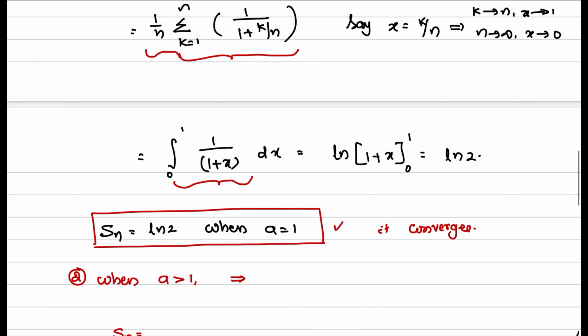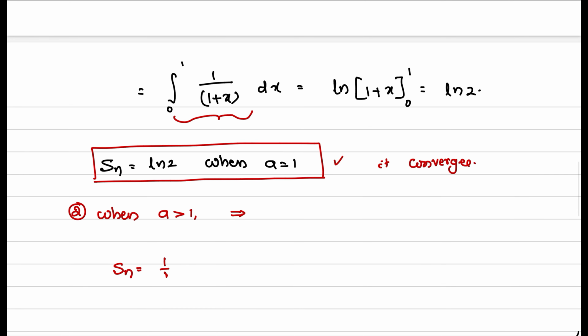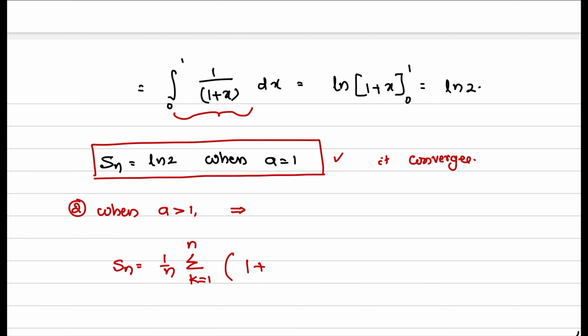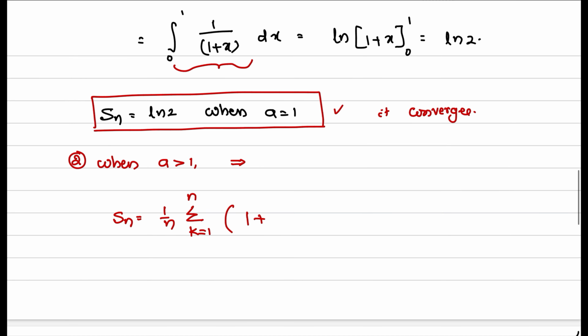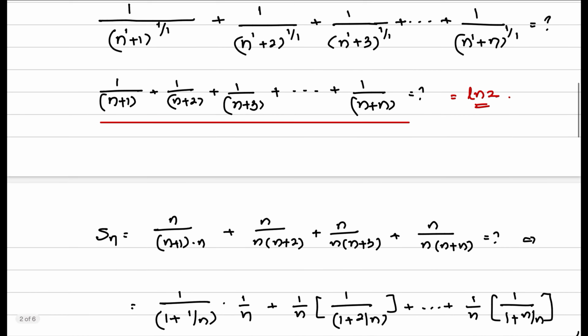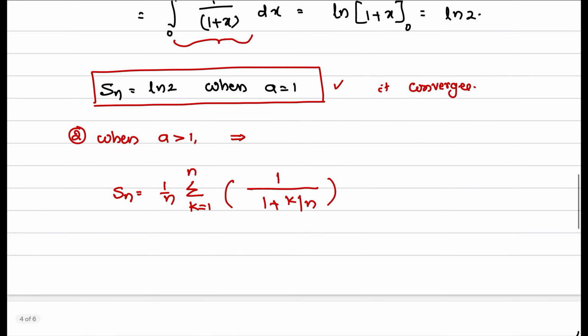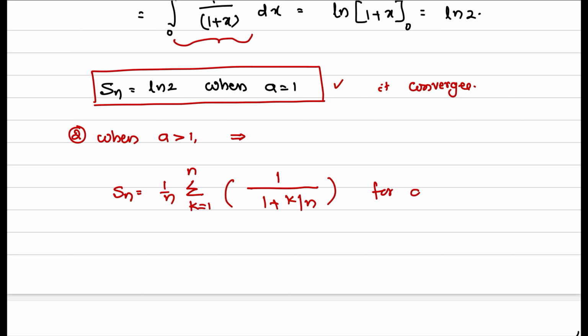What is the series? 1 by n, sum over k is equal to 1 to n of 1 divided by 1 plus k by n. This is for a is equal to 1.